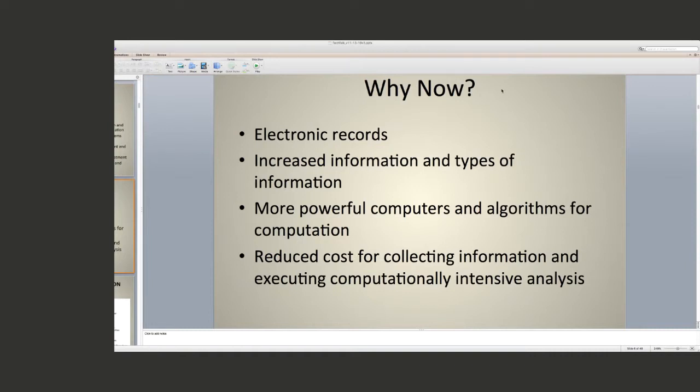We have an increase in the information and types of information that we have access to, and we have more powerful computers and algorithms for computation, and that's a big change. We can now do things with computers that we couldn't do until quite recently, and the reduced cost of collecting information and executing computationally intensive analysis puts within reach things that we couldn't do in the past.